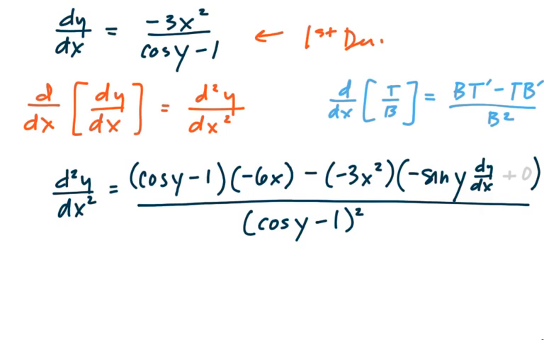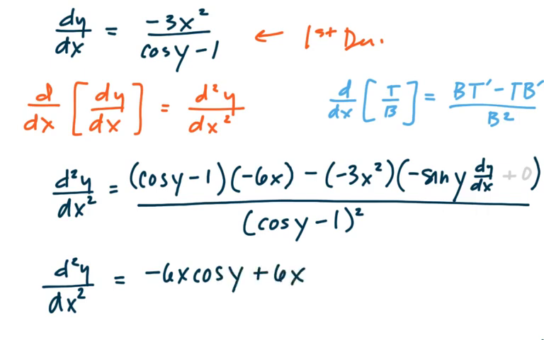All right, so working into some simplifying here. I've got negative 6x cosine y plus 6x. And then if we look at these minuses, minus, minus, minus, that 0 doesn't need to be there.